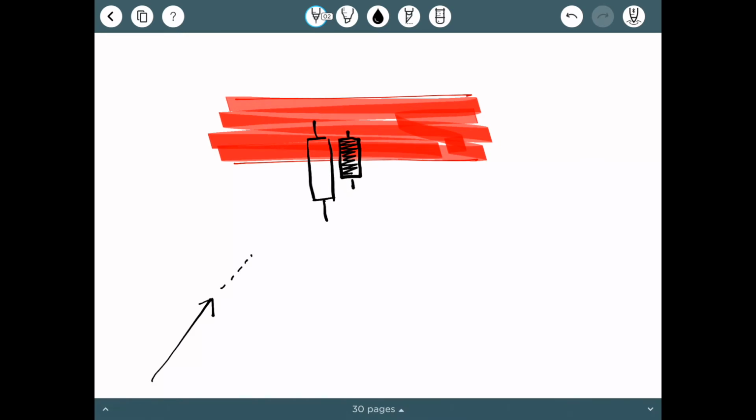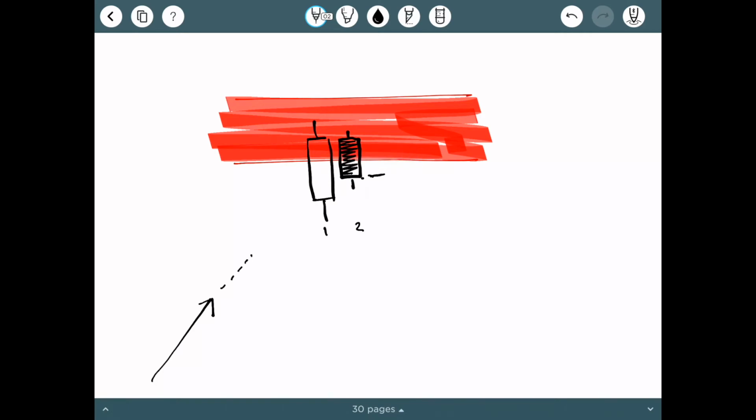Like I told you earlier, this is an indecision in the market. Now what happens on the next day or the third day? This is, let's say, day 1, day 2, and day 3. The market from here, this is the last close. From here it goes up.